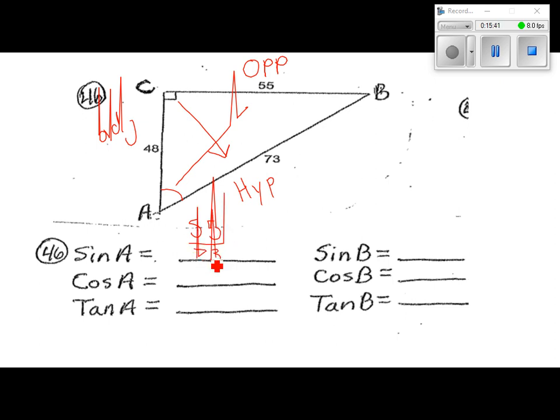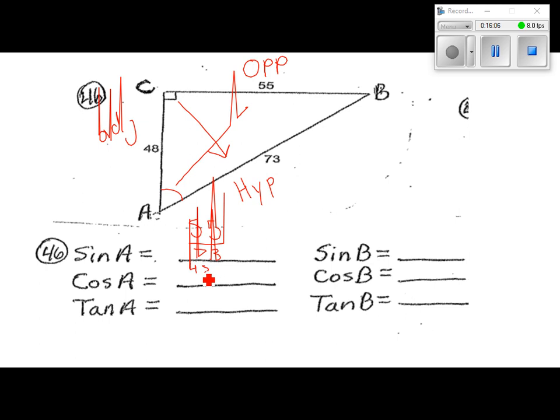Does everybody understand that? 55 over 73. That's the sine of angle A. It's that simple. Cosine. What two parts was the cosine? Adjacent over hypotenuse. What is the adjacent this time? That's 48. What's the hypotenuse? 73. So 48 over 73 on that next line.